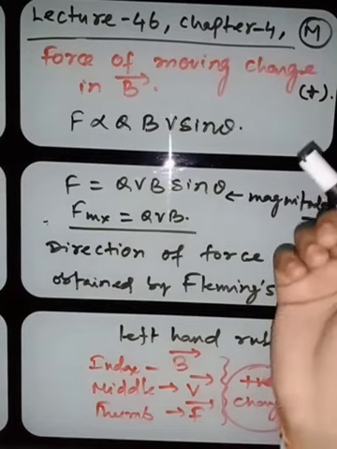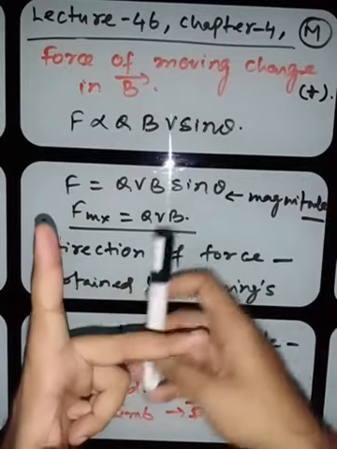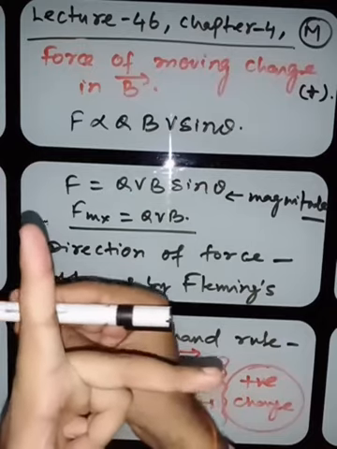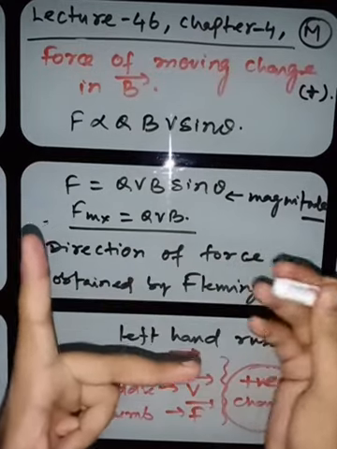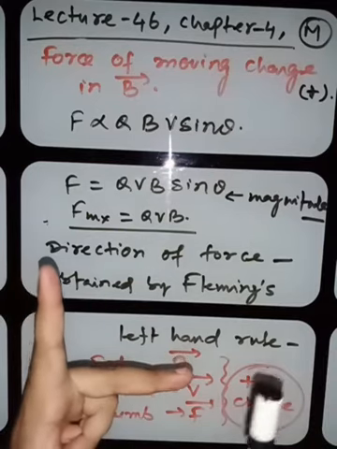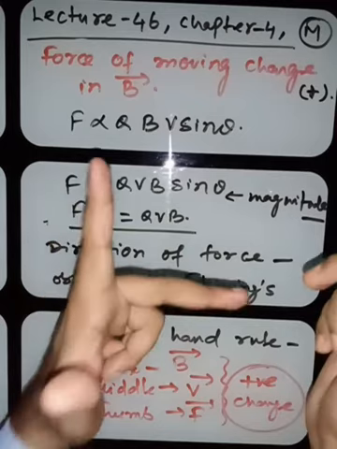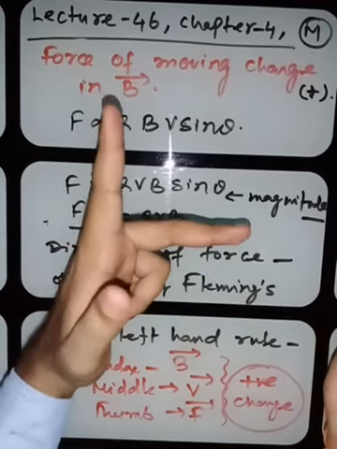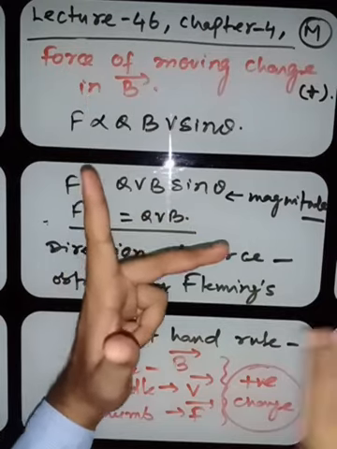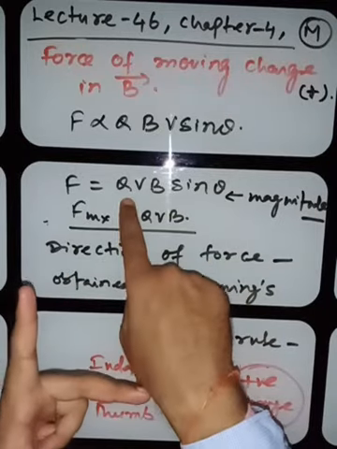Now try to find out here. What was the example? If this is the magnetic field and you have projected the charge in this direction, what will be the direction of force? If this is the velocity, the projection of charge, and this is the magnetic field, then this will be the force. Now, my dear students, I am going to give you another very simple rule, the vector rule. I have written this formula in a particular order.